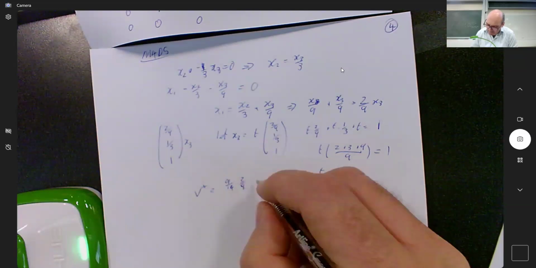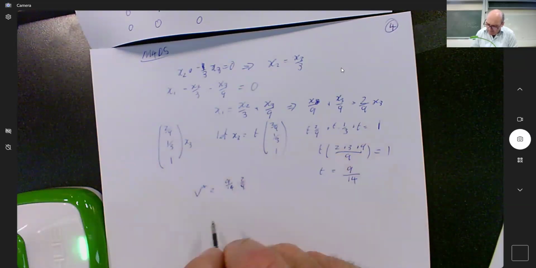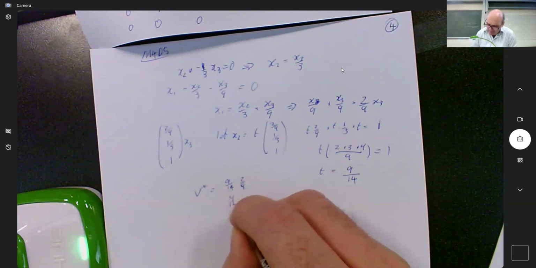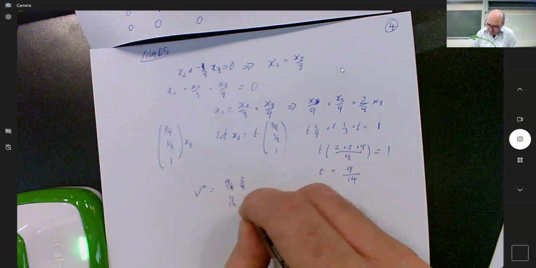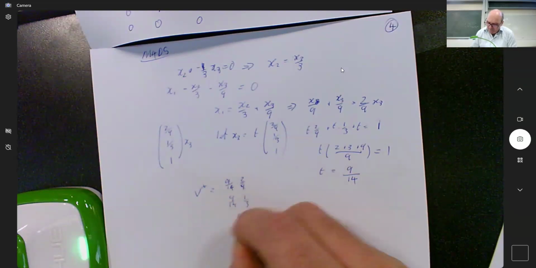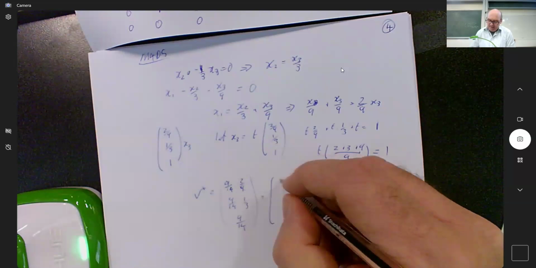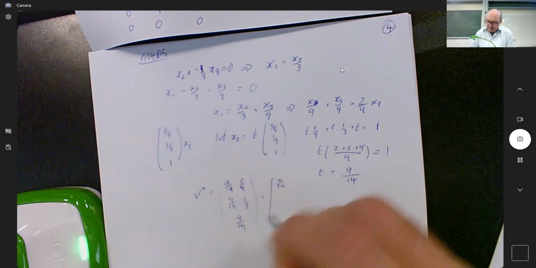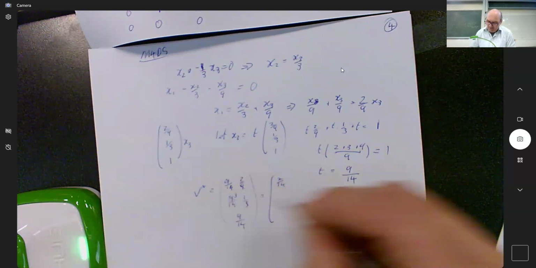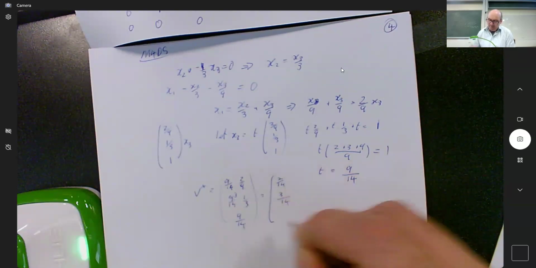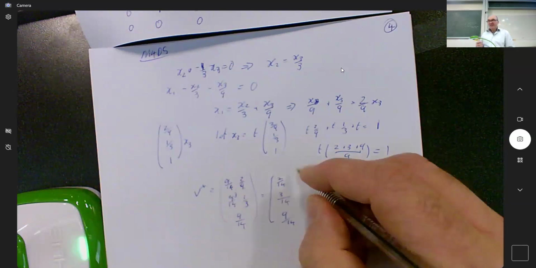Worry about that in a second. 9 on 14 times 1 on 3 and 9 on 14. We should simplify that to be something nice. And so I'm going to write that as 2 on 14. That's going to cancel out to give me a 3. That's going to be 3 on 14 and 9 on 14. Okay, that is my steady state vector.